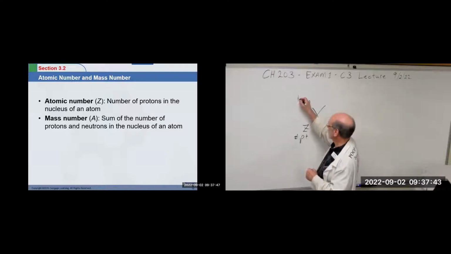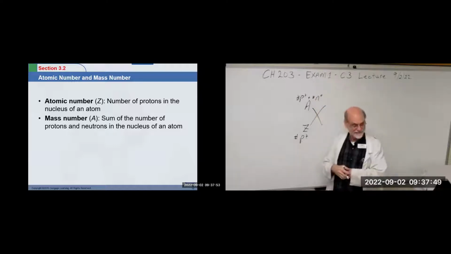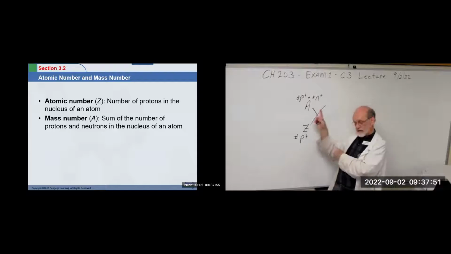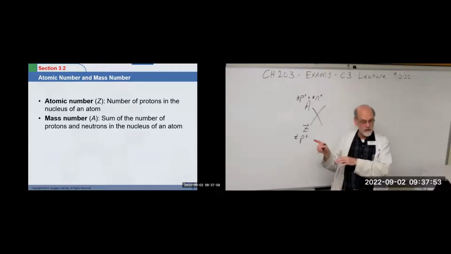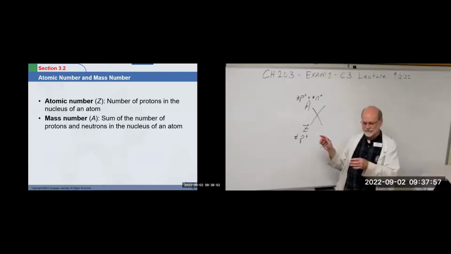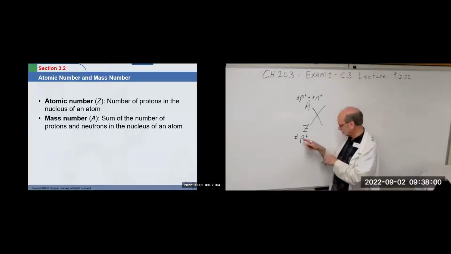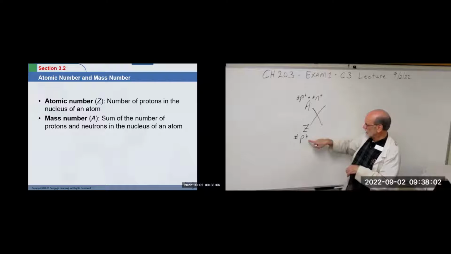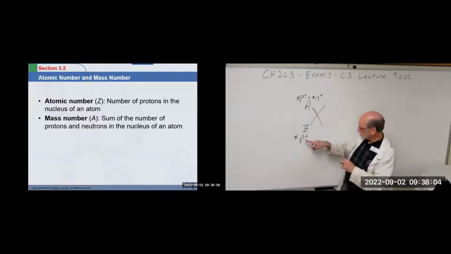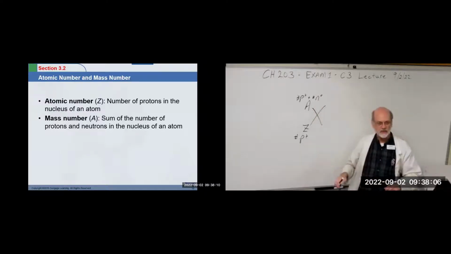And that is the number of protons plus the number of neutrons. Okay? So if you know both of these, you can find out how many neutrons there are in that isotope. We haven't defined isotope yet. We will. So if you got this number and that number, you just subtract this one from that one, and that tells you how many neutrons you have.